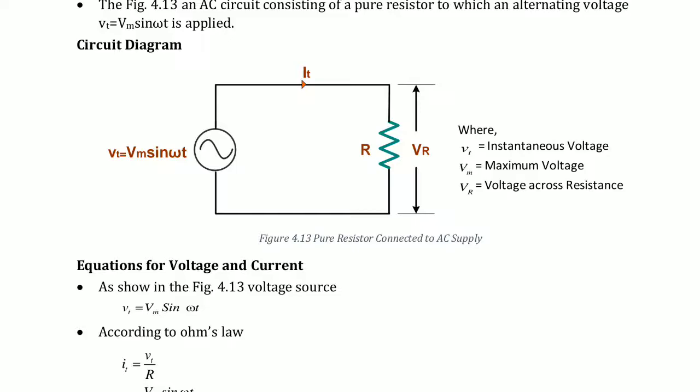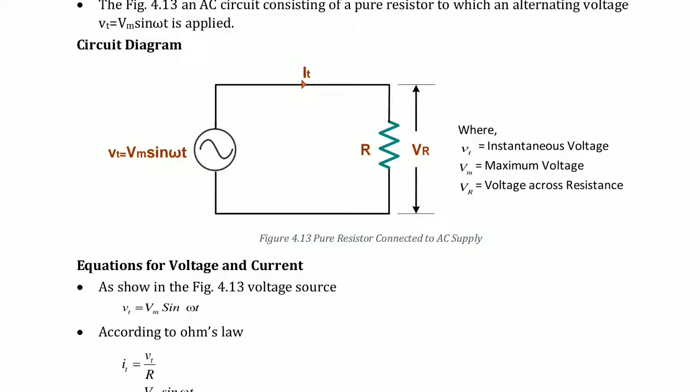Here some notations are given. Vi is the instantaneous voltage, and Vm is the maximum voltage. Vr is the voltage across the resistance.